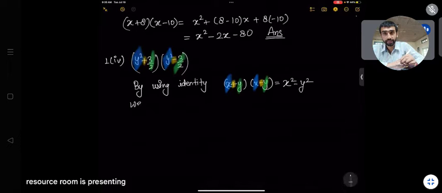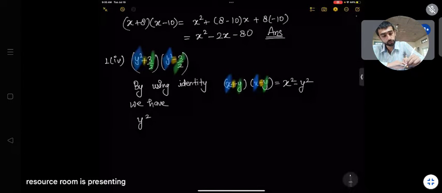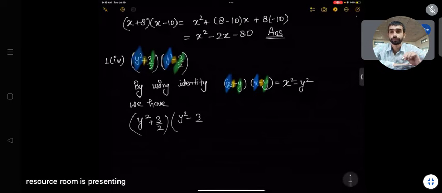Lungthina, we know which identity we will use. Now please tell me by using this identity, how to solve it, what it will be equals to? Correct. Who is next?